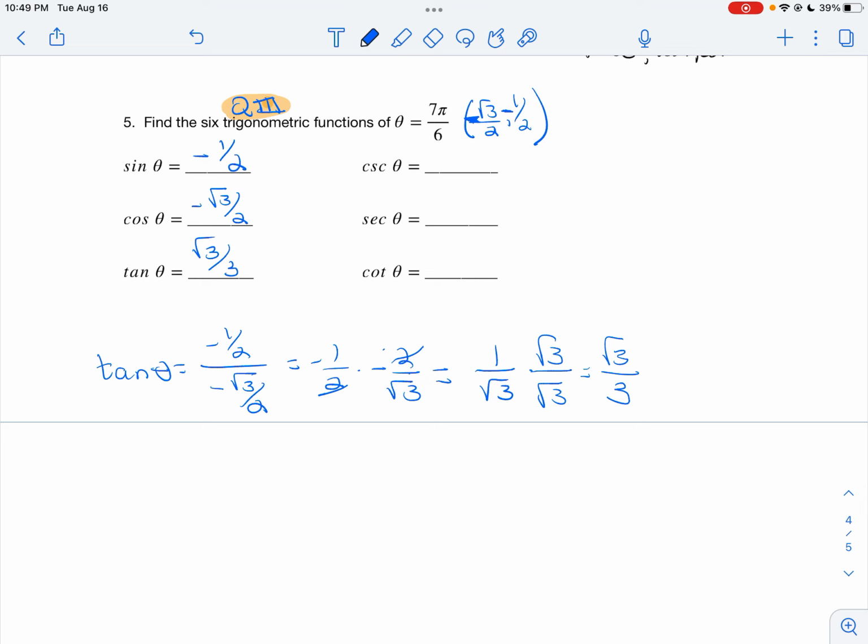Now, cosecant is 1 over sine. So that becomes negative 2 when I flip it over. And to do secant of theta, that's 1 over cosine. So that's going to be negative 2 over the square root of 3. Again, I have to rationalize. And I end up with negative 2 the square root of 3 over 3.